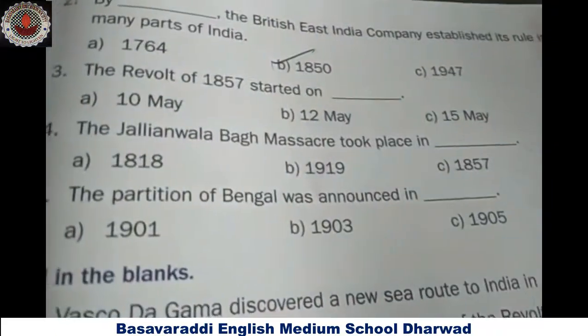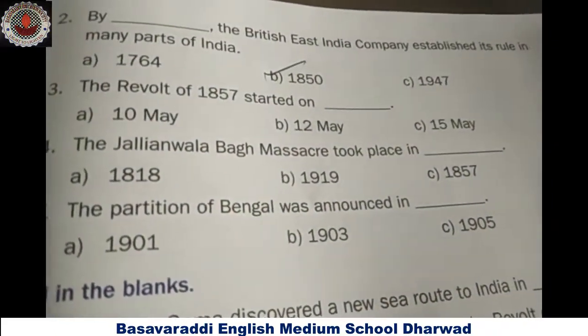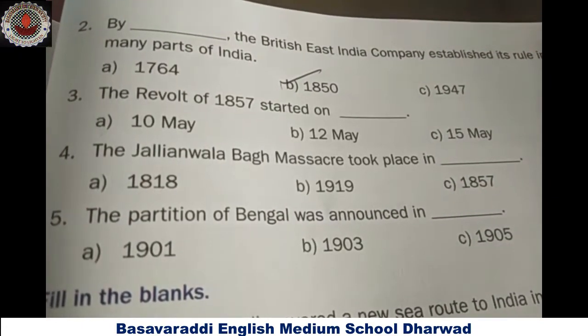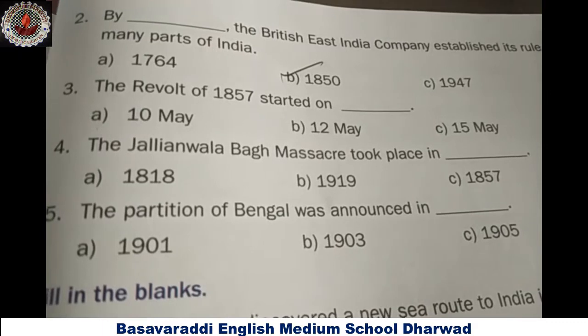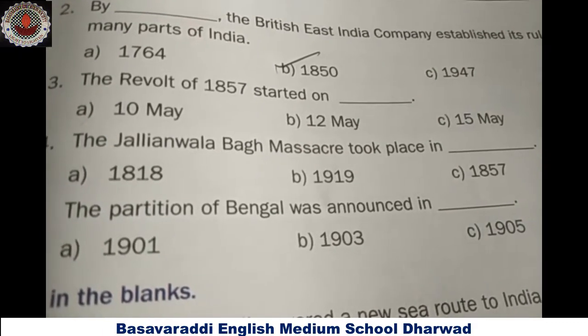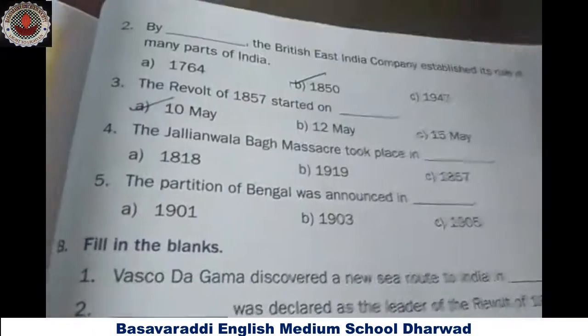1850. Third question. The revolt of 1857 started on 10th May. Fourth question.